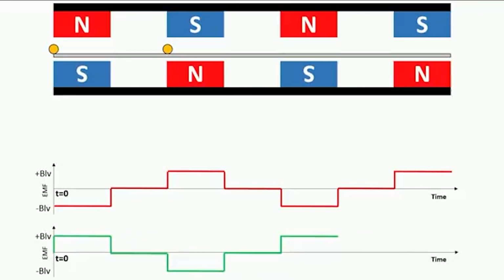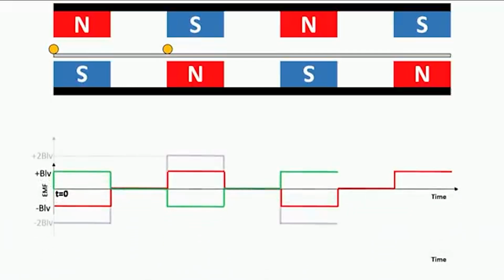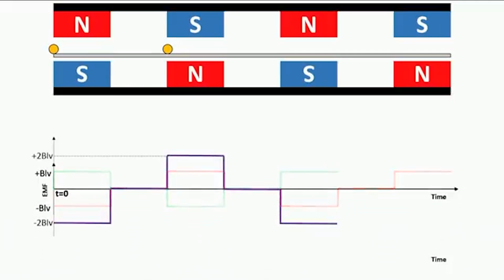The red voltage is the voltage induced by the first conductor; take the difference and you will get twice the voltage, indicated by the blue curve. The interesting point is that it starts with a single conductor. Now, these two conductors, if connected at the back, form a coil.